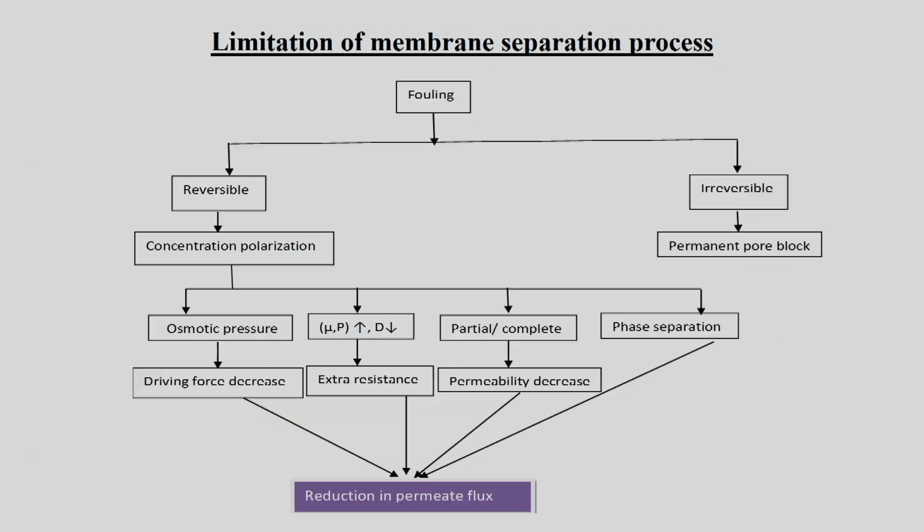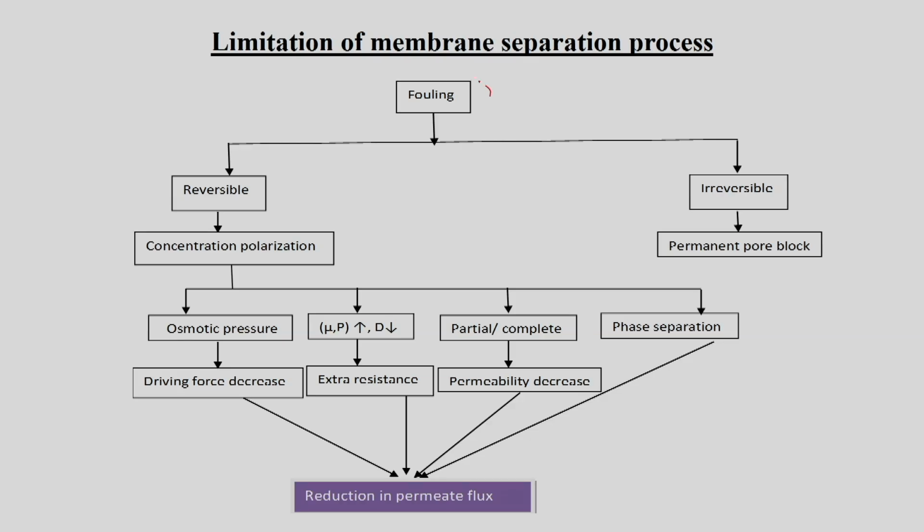Then we have already discussed in detail the limitations of membrane separation processes. We also highlighted that fouling is the major drawback of membrane separation processes, because these are rate governed separation processes; with time the solutes will be deposited on the membrane surface and then fouling will take place.